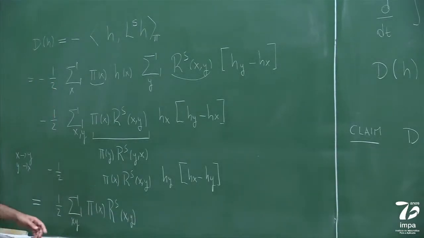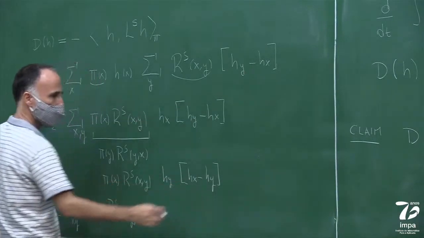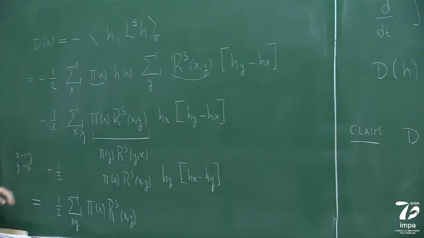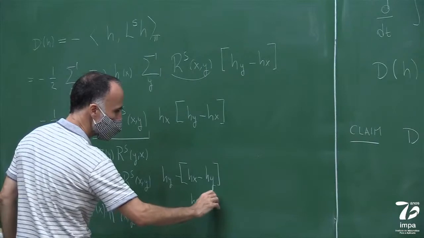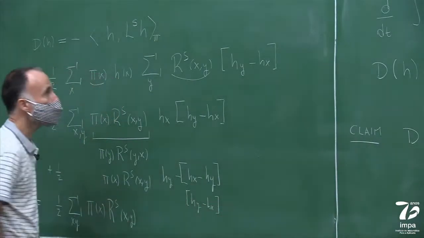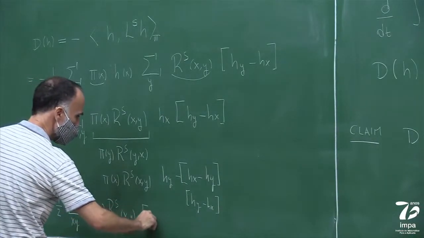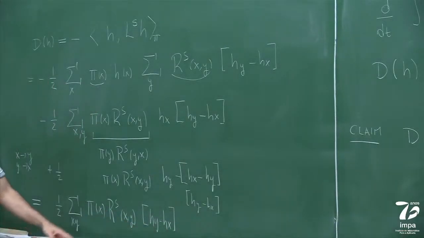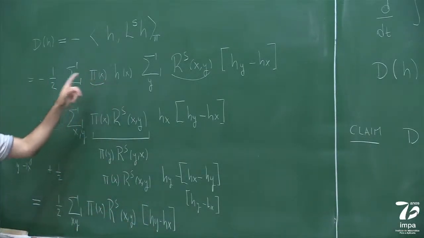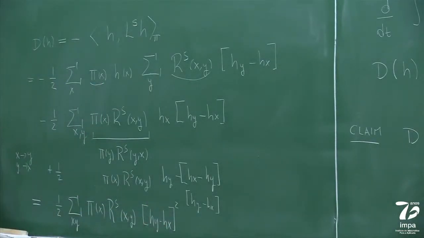And then here I have h y minus h x, which appears here but with the wrong sign. So let me put here plus and here minus. So that becomes h y minus h x. Now they are equal. And what remains is h y minus h x. So this becomes a square. So this is the formula for the Dirichlet form.